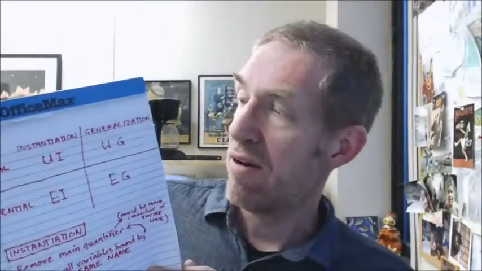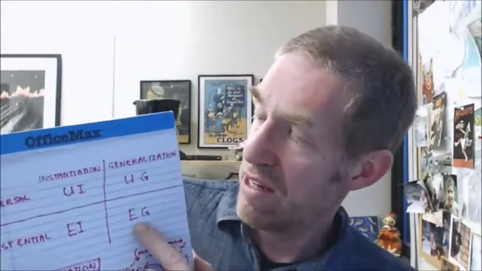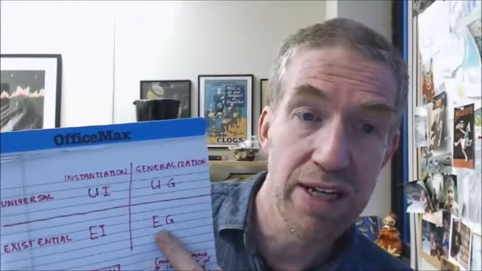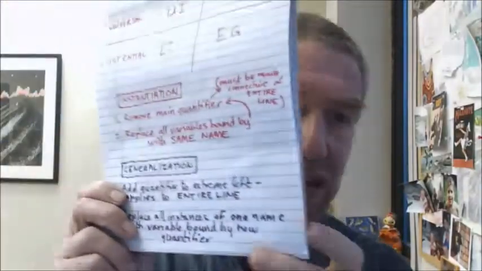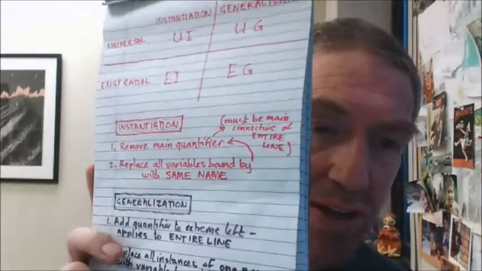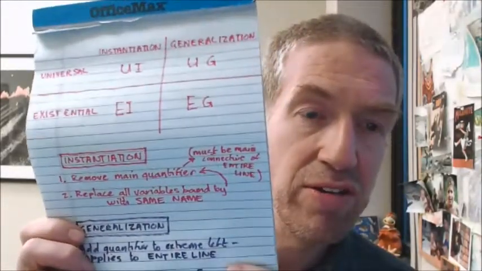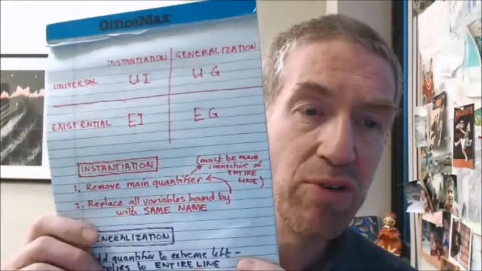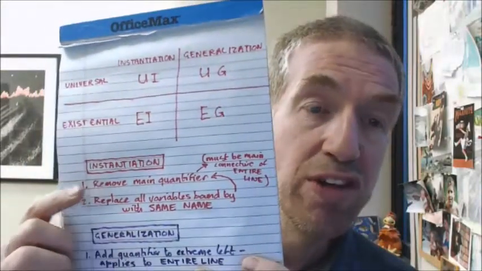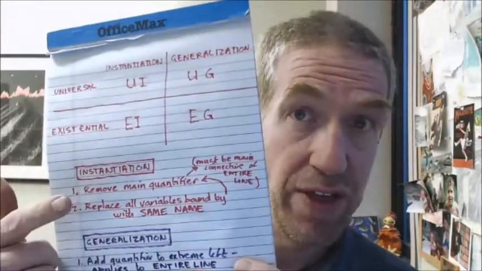All right, now the next simplest is existential generalization. And with existential generalization, basically, well, let's look at generalization in general. Here are the two rules of generalization. Remember, instantiation is called instantiation because you're moving from a general claim to a specific instance of that claim.